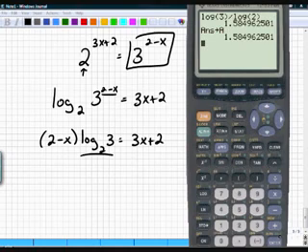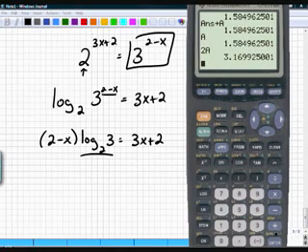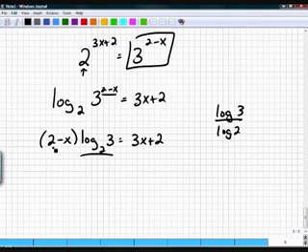We'll store it in A. So anytime you want to use that number, it's in A. There it is in A. If I want to do 2 times that, you can do 2 times A. Makes sense?